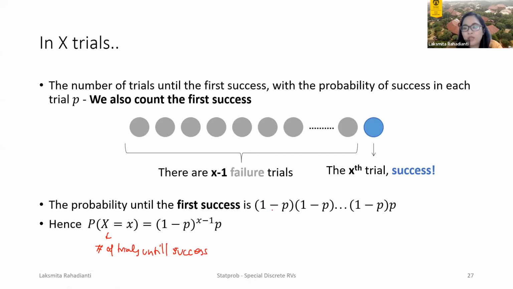Then I can compute it based on that multiplication, 1 minus P to the power of x minus 1 times P. Just now, it took me 7 trials to get a yes from Matthew.